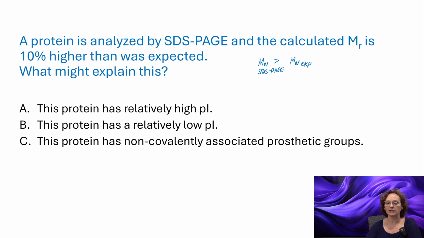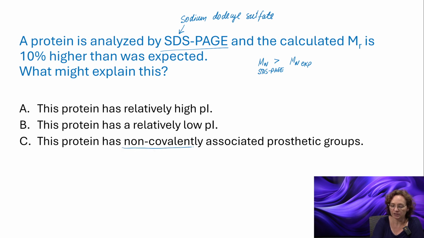This protein has a relatively high pI, this protein has a relatively low pI, and this protein has a non-covalently associated prosthetic group. So let's start by reviewing this technique, SDS PAGE. Because of the presence of sodium dodecyl sulfate, this method is denaturing.